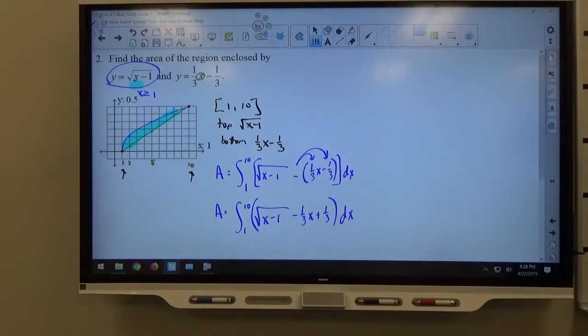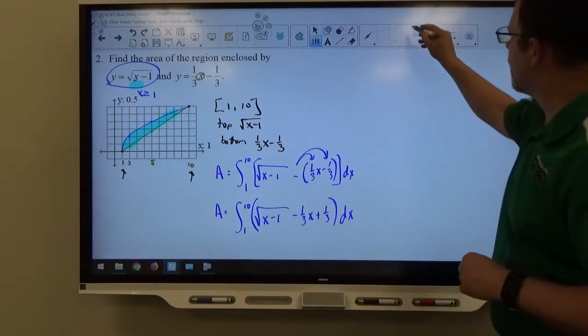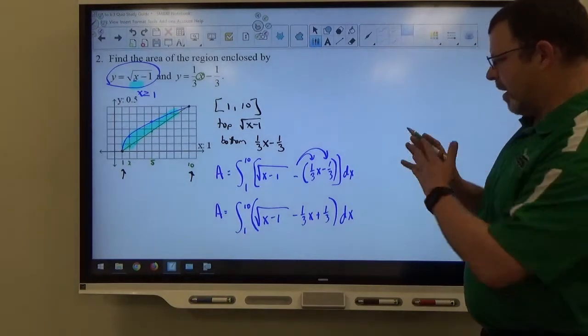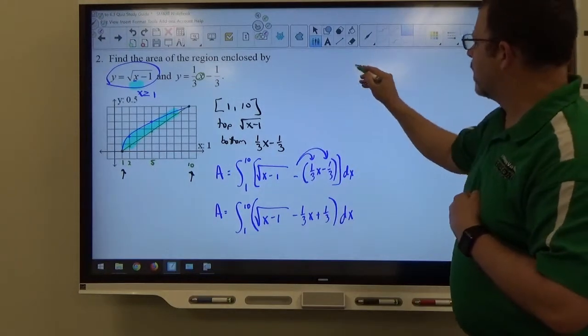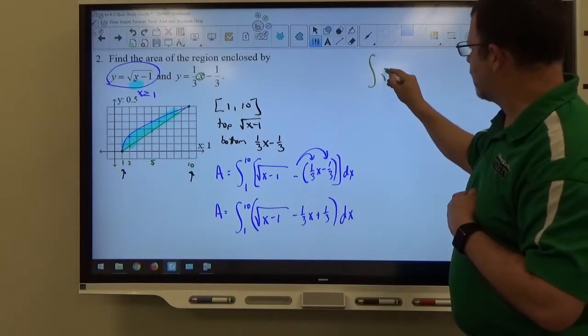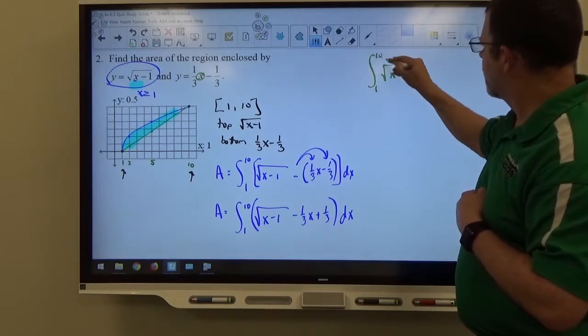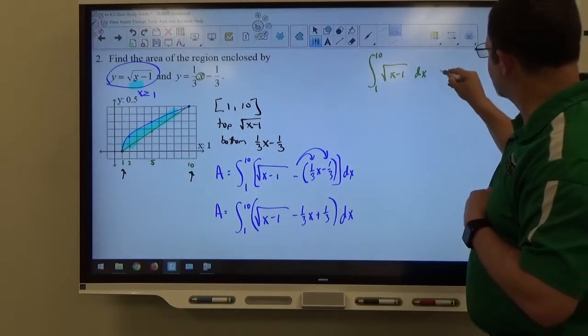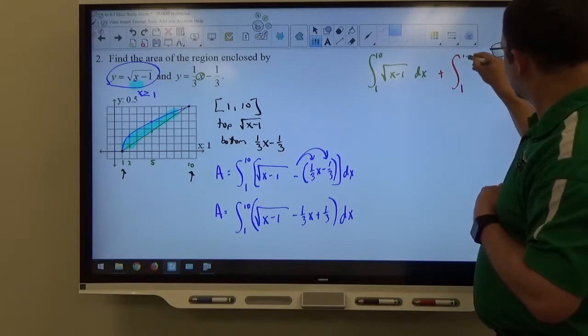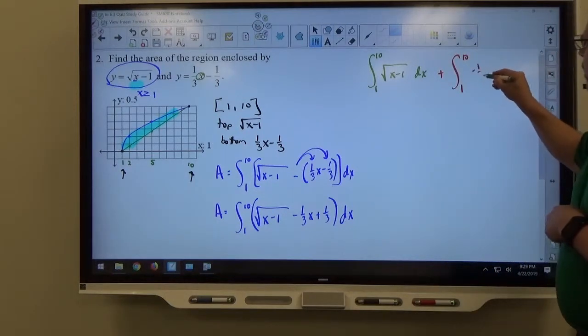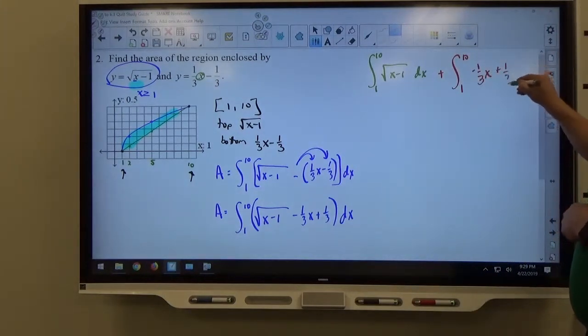Now, everything in that is easy to do except for the square root of x minus 1, even though that's not super challenging. But if I wanted to split this apart, if we take a look at the square root of x minus 1 from 1 to 10, let's add that to the integral from 1 to 10 of negative 1/3 x plus 1/3 dx.